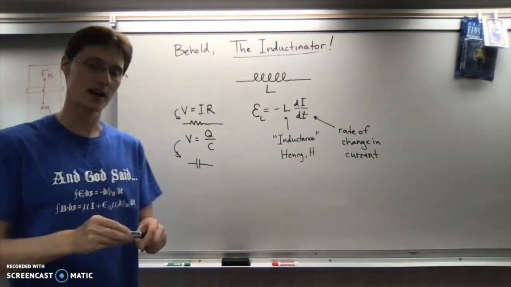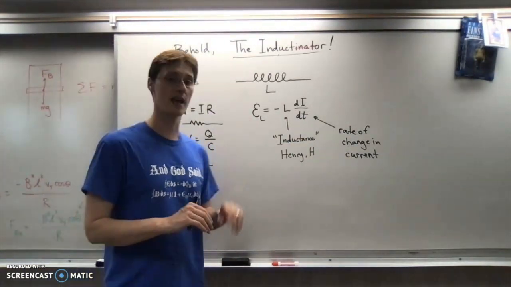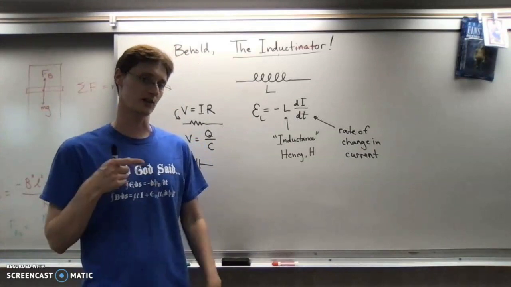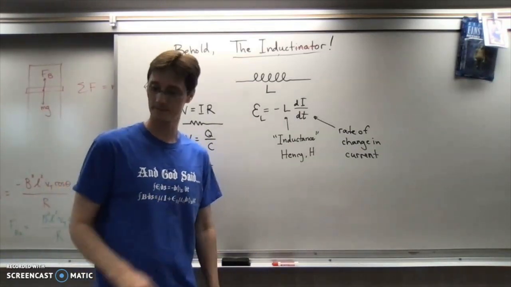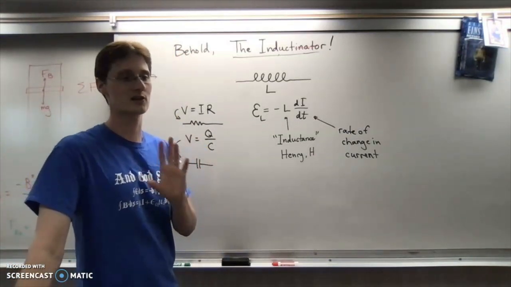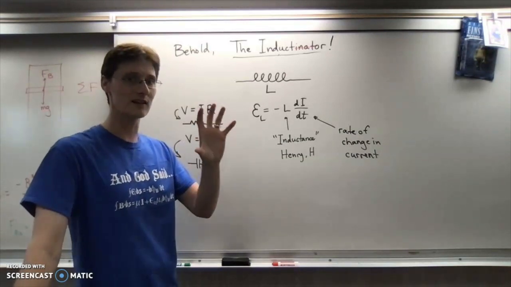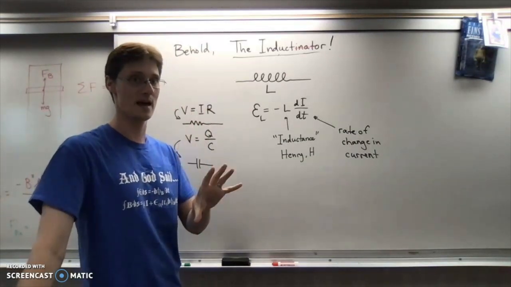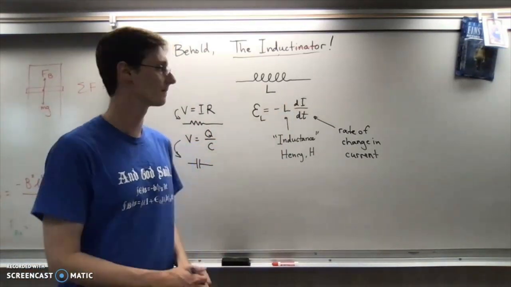So the inductor doesn't care about what's happening in other parts of the circuit. It's just going to produce a voltage if you try to change the current that's going through the inductor. Now, like with most things in electromagnetism, it's not so much the values themselves that matter as it is the rate of change in those values.